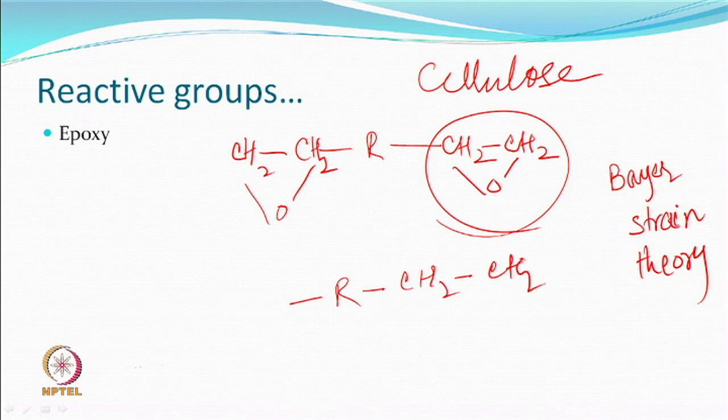If there is a cellulose somewhere, which we can represent as cellulose and one hydroxyl group, then this type of a link can be formed, and this somehow leaves the hydroxyl group behind as well.